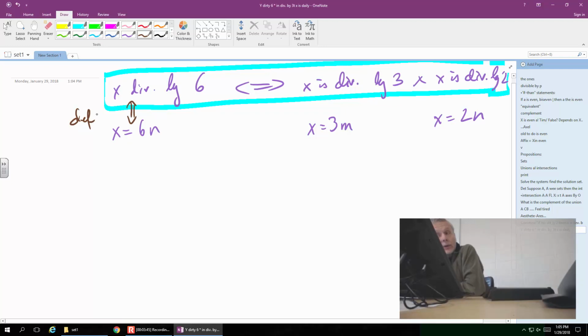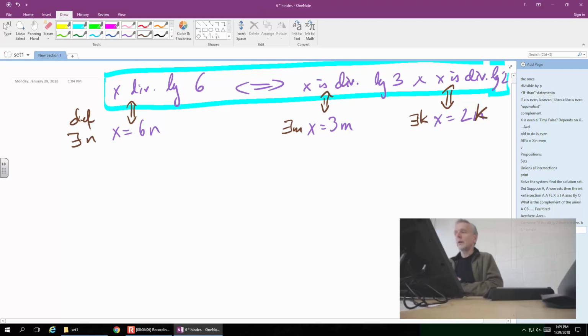Whatever we state in words, in terms of divisibility, is translated into an algebraic statement, and these are equivalent statements. So all of these are equivalent statements, even though I did not write them completely. So there is an n, there is an m, there is a k. Okay, so that would be the three statements that I have in mind.